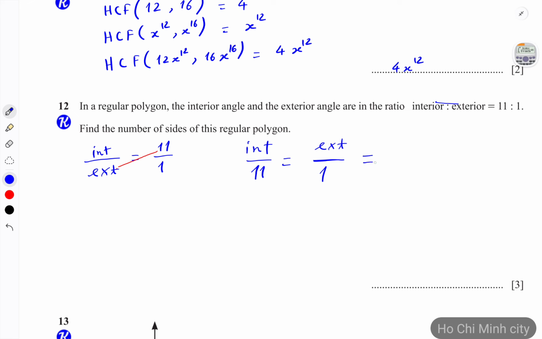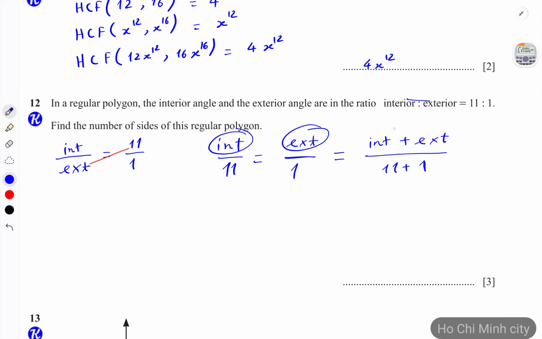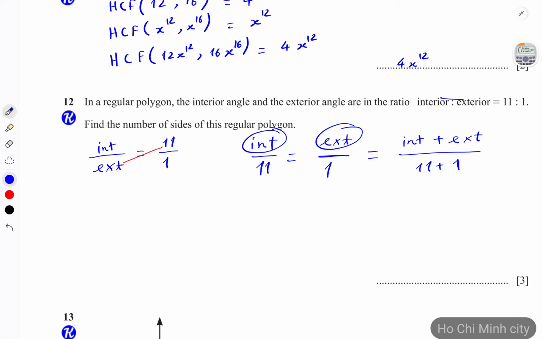And that would equal, taking the sum of the two numerators, interior plus exterior, divided by 11 plus 1. As we know, the interior and exterior would have the sum of 180 degrees. All right, so for example, let's say I have this polygon like this.